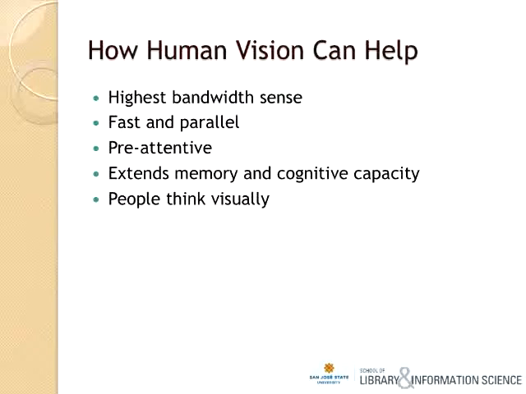So let's go back to information visualization. So how and why can human vision help? Okay, so we have a bunch of data. We already have other technologies like data mining, if you are familiar with that, and also some other statistical models. So why do we still need information visualization, and how can human vision help?